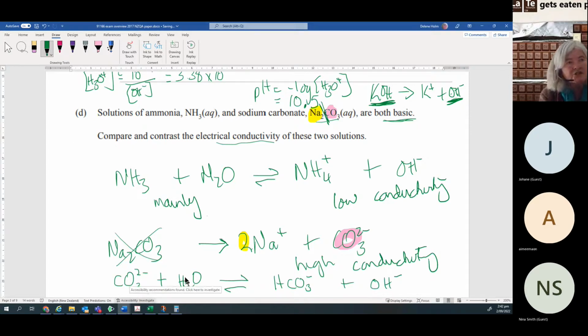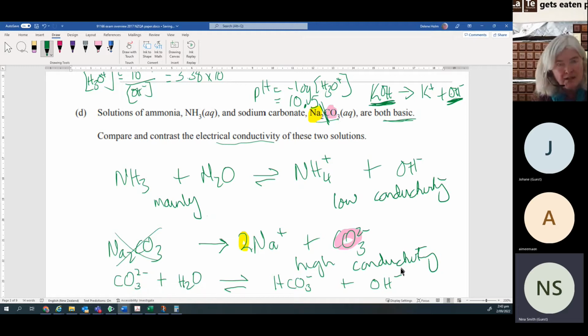Can you see a hydrogen from H2O has joined? So this is now an acid because it's donated a proton to this base to form the HCO3 minus and the OH minus. So you can see it's basic because I've got a bit of OH minus there. Any questions on that?